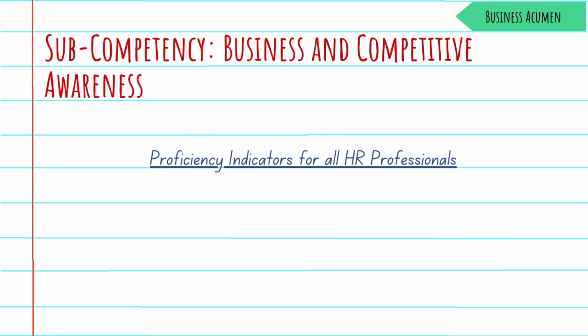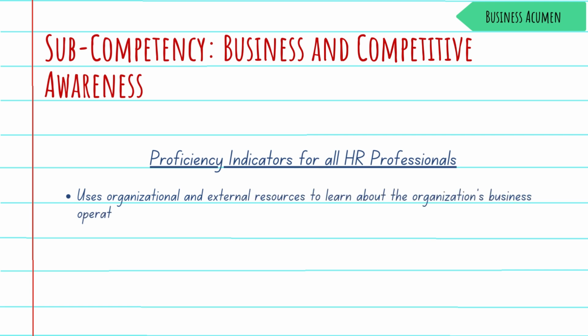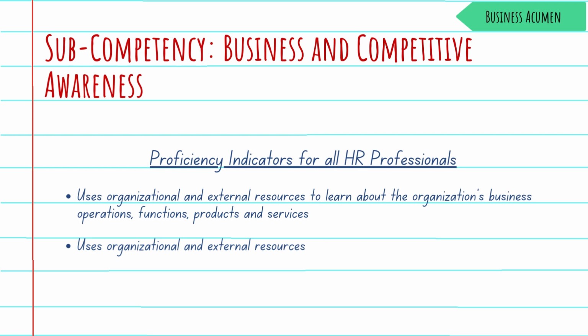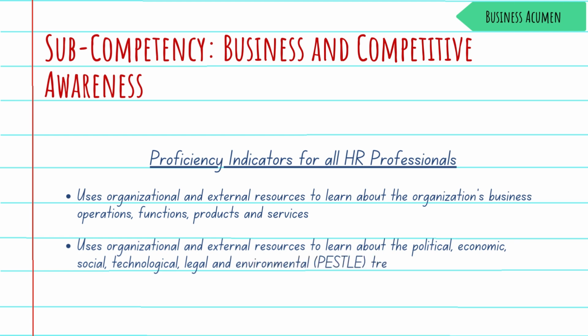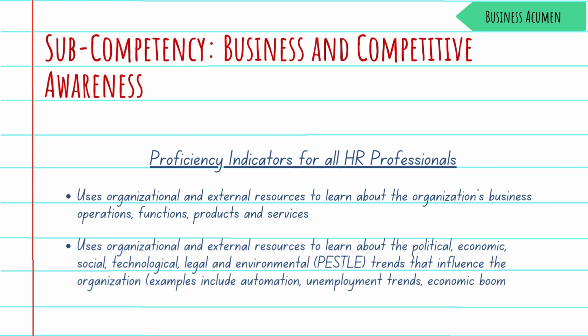The 2 proficiency indicators for all HR professionals are using organizational and external resources to learn about the organization's business operations, functions, products, and services, and using organizational and external resources to learn about the political, economic, social, technological, legal, and environmental trends that influence the organization. Examples of this could include automation, unemployment trends, recessions, and talent shortages.